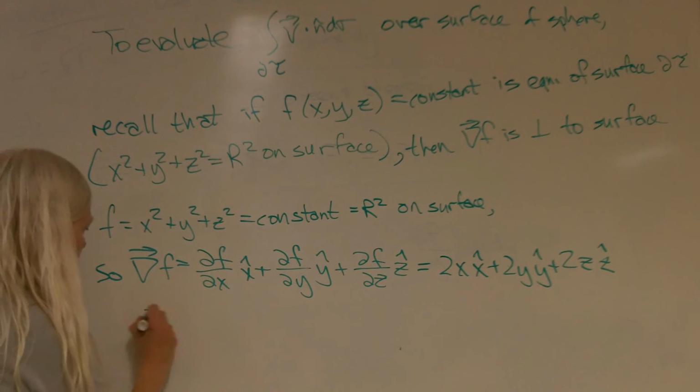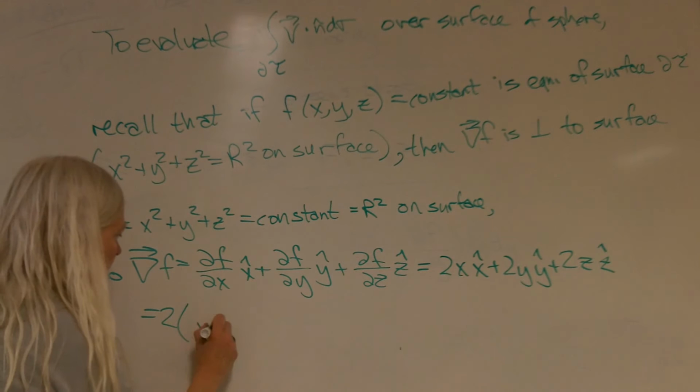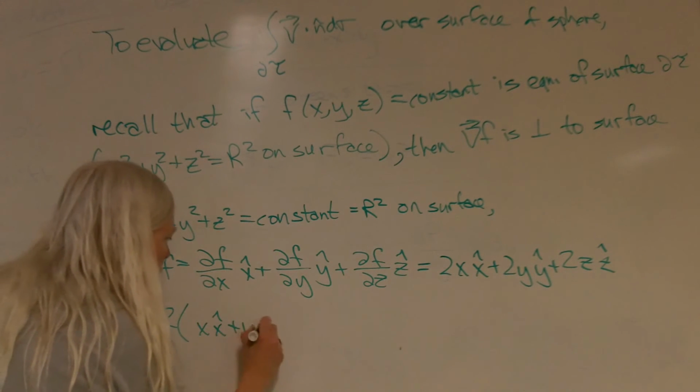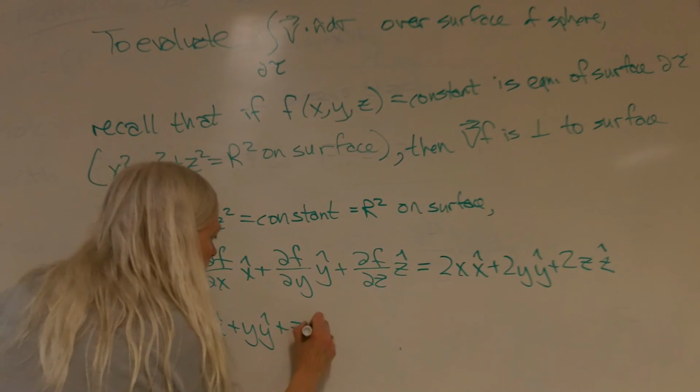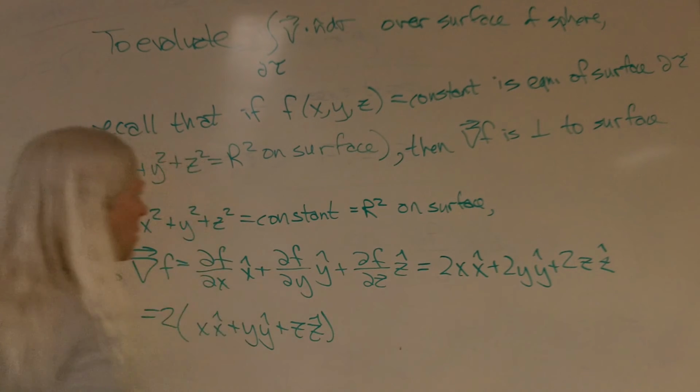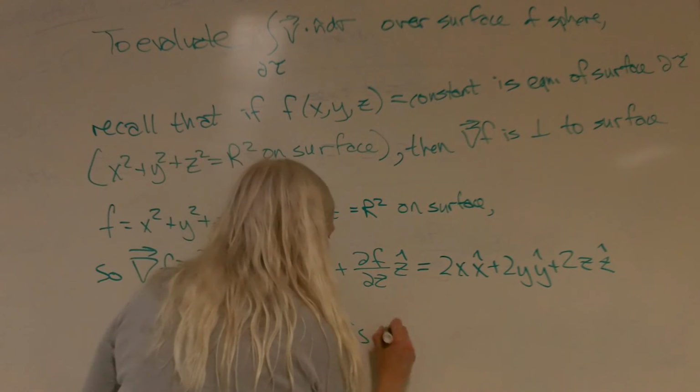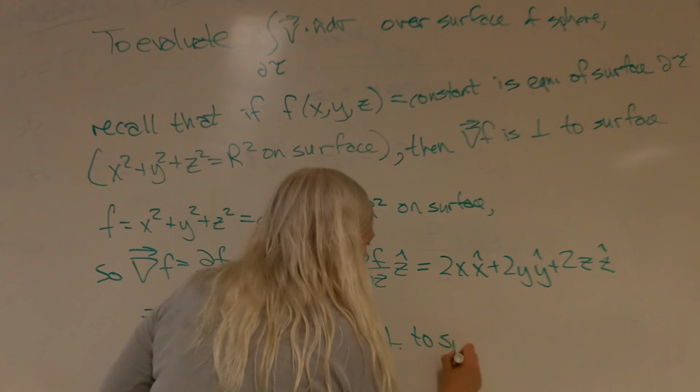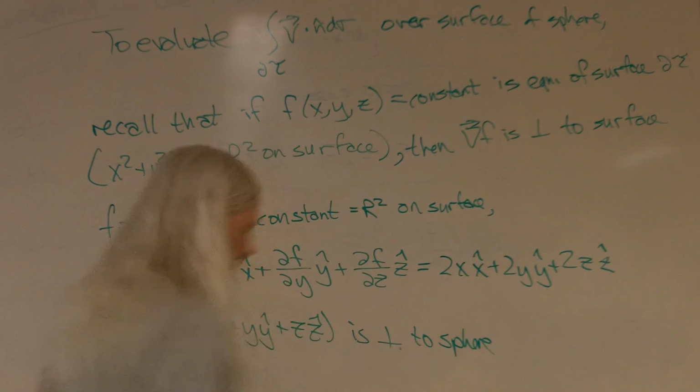Or, of course, 2 times the quantity x times x hat plus y times y hat plus z times z hat. So this vector is perpendicular to the surface of our sphere.